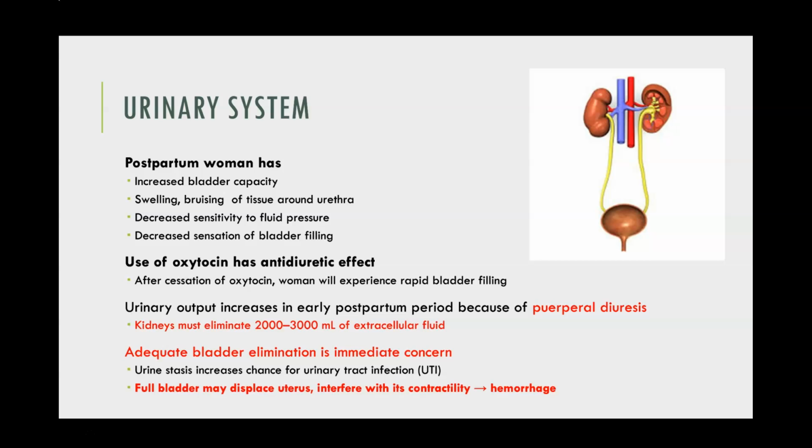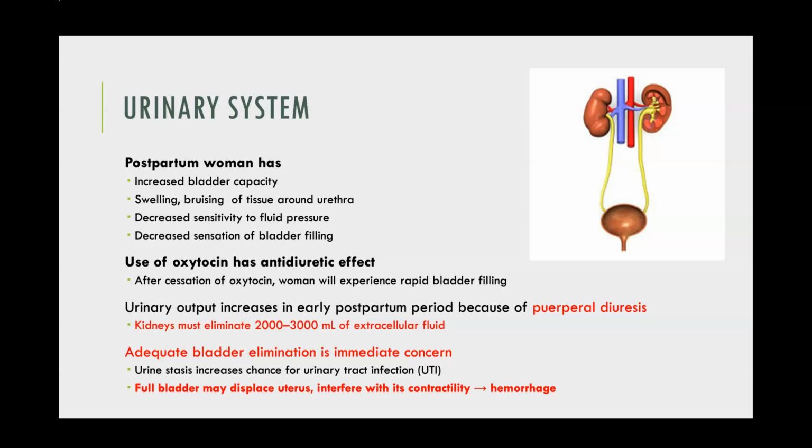A postpartum woman has a very increased bladder capacity, and she may have some swelling and bruising of the tissue around her urethra because of the trauma of the fetal descent through the pelvis. It is possible for those structures to become damaged or bruised.